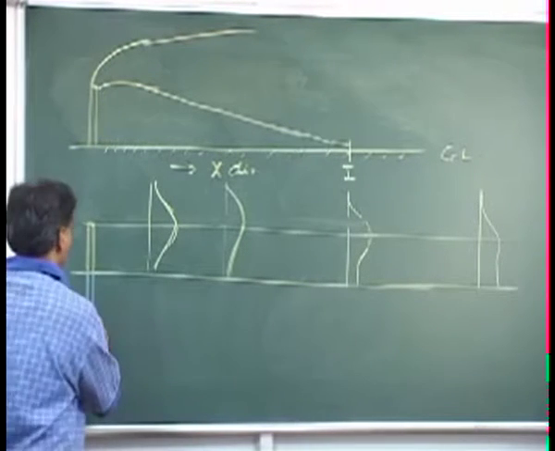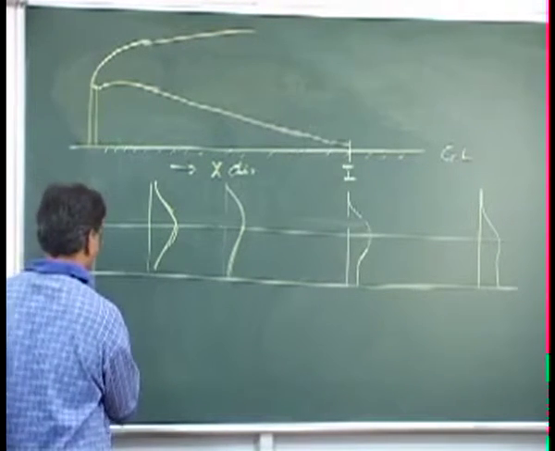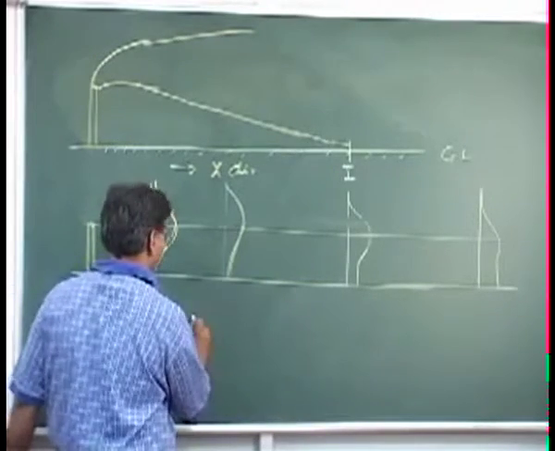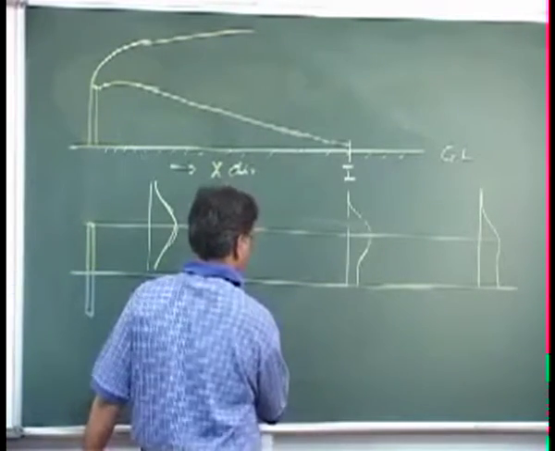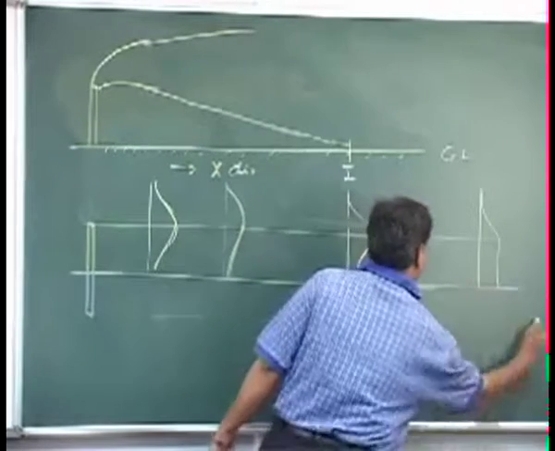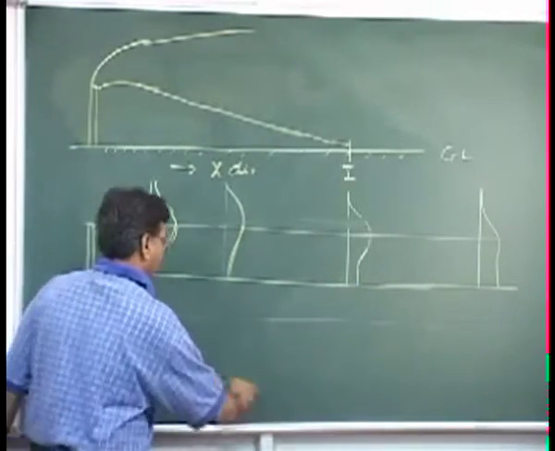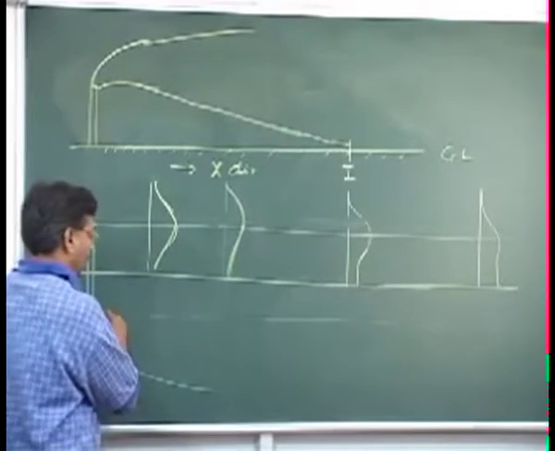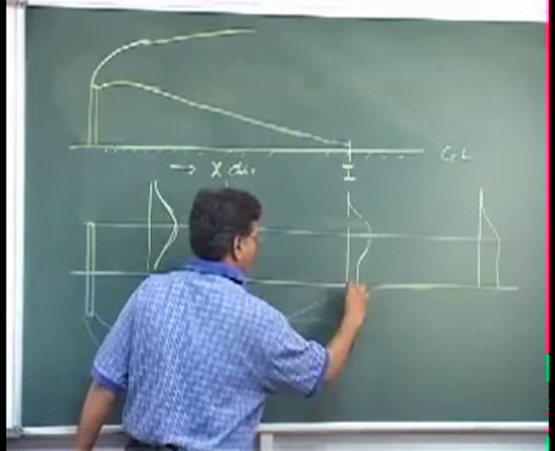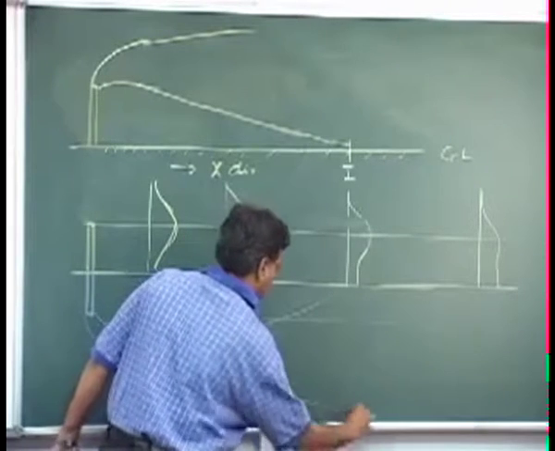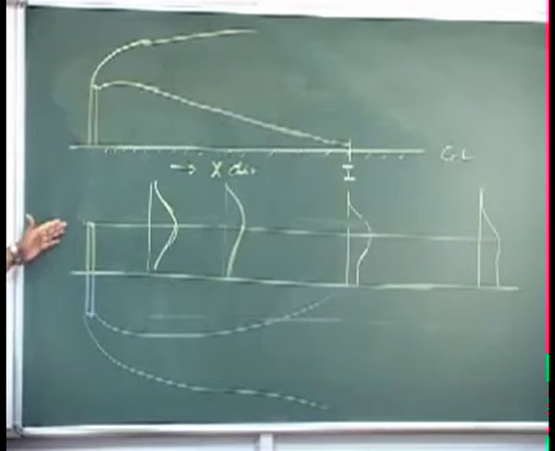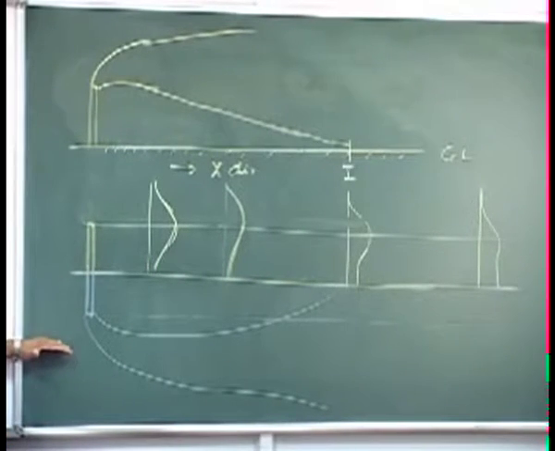So, this source below the ground will have some central line, and the plume from here will go like this. It is exactly the mirror image.